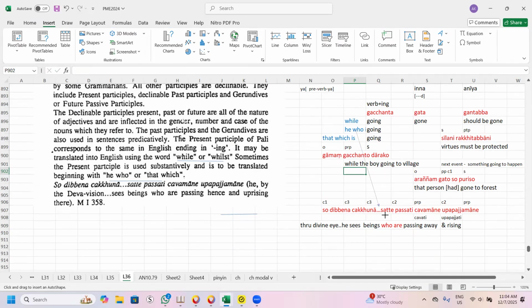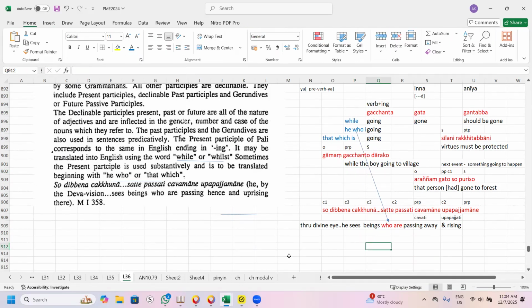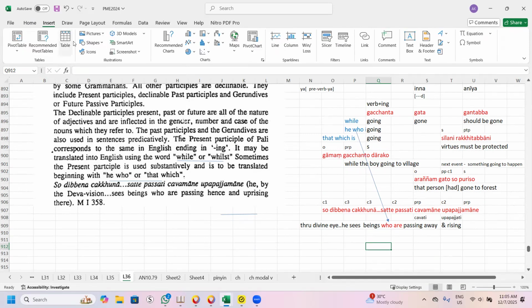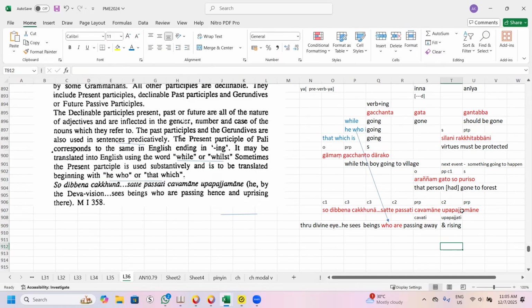And then this is talking about this one. Things who, can you see "who"? Then the predicative adjective, where is it? There. This is the one. So these two are the predicative adjectives. In this case, the word here is "chavati", which means pass away; this is a present participle, passing away, and this one is rising.